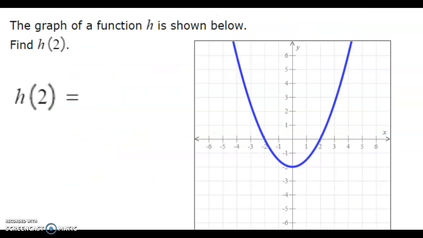Okay. So now the actual examples happening today. The graph of a function h. So again here, this is like its name, right? Function h is shown below. Find h of 2. Well, remember that h of 2, that's like your h of x statement.